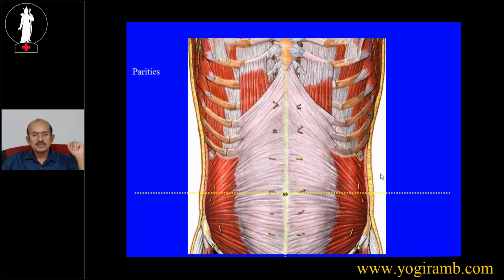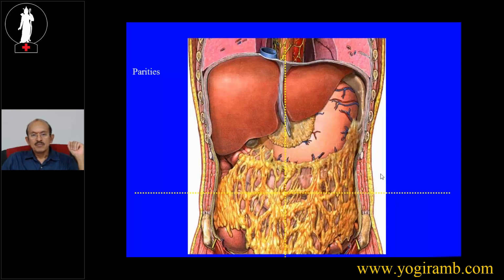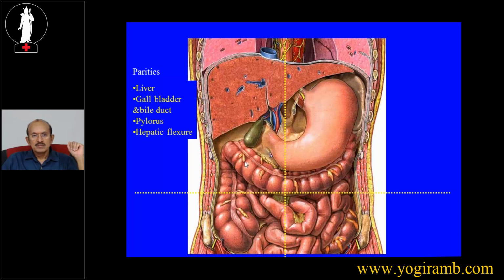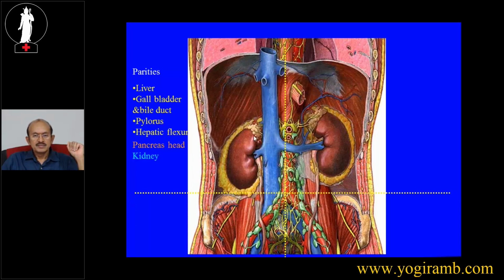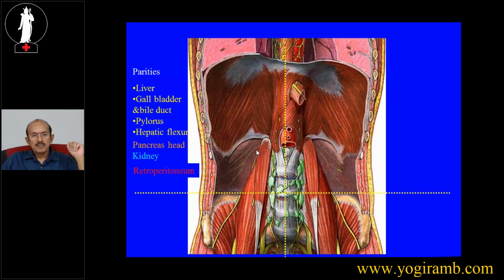The parietes, then the intra-abdominal contents: the liver, gallbladder, pylorus of the stomach, greater omentum, transverse colon, C-loop of the duodenum, head and neck of the pancreas, kidneys, right kidney, then the retroperitoneum, having the mesenchymal tissues as well as the various muscles or nerve structures and the diaphragm and the related spaces beneath the diaphragm.